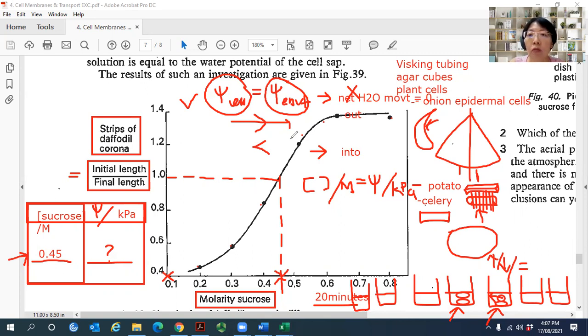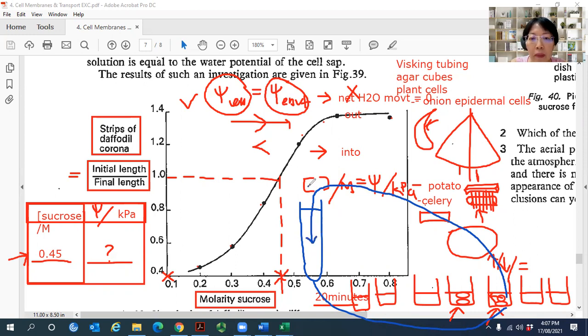So I'm going to use blue color to show you. Now, I'm going to use a boiling tube, and in this boiling tube, I'm going to fill it up with the initial concentration of sucrose I use in this beaker. This is the initial concentration. So after 20 minutes, I will take a pipette and transfer a small volume of this solution into here.